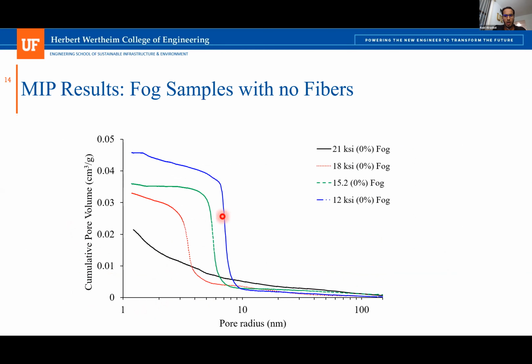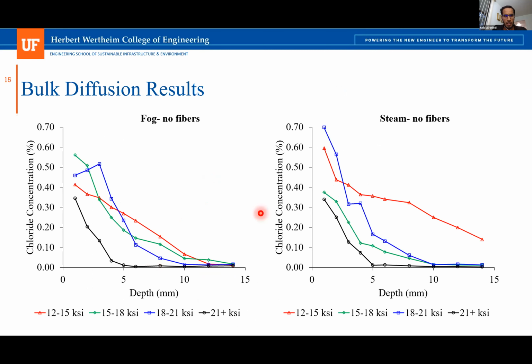And here's just to show how the mercury intrusion reduced and the pore size decreased as the strength of the mix increased. So here's the 12, and here's the 15, and here's the 18 and the 21 KSI. So for the bulk diffusion result, the 12, the 15 and the 18 showed chloride penetration of 10 millimeter or above, as compared to only 5 millimeter for the 21 KSI.